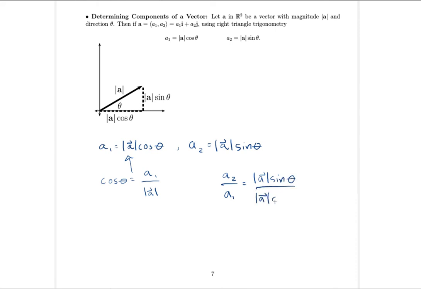But of course those magnitudes cancel out, so that means it's equal to the tangent of theta. So when we want to figure out a particular angle, we know that that's just going to be the ratio of A2 over A1, or y over x.